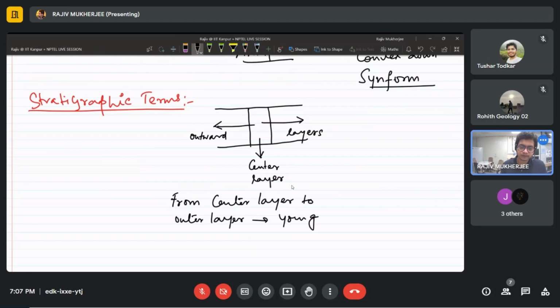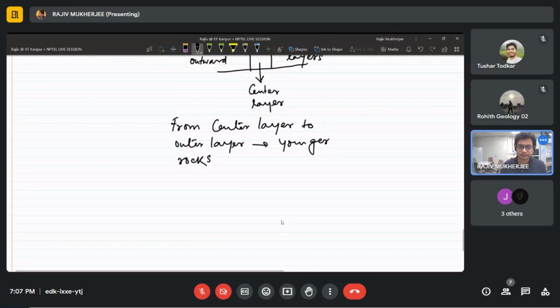younger rocks, then it is called as anticline.